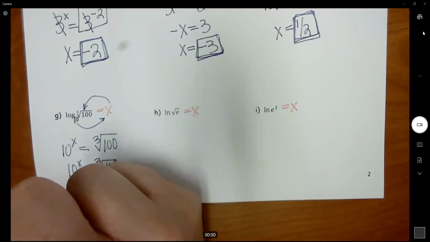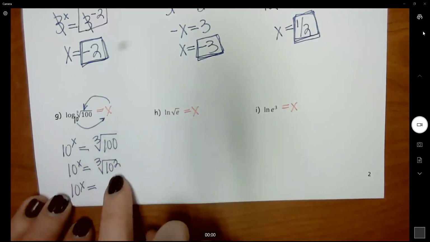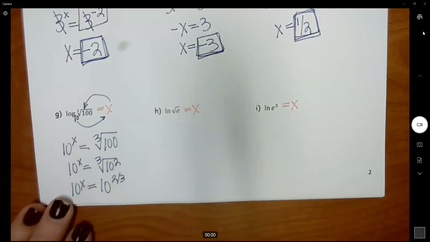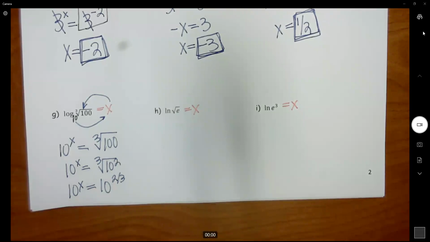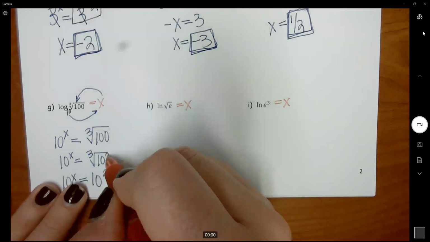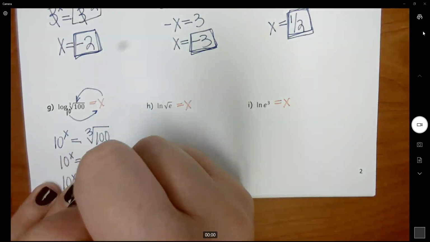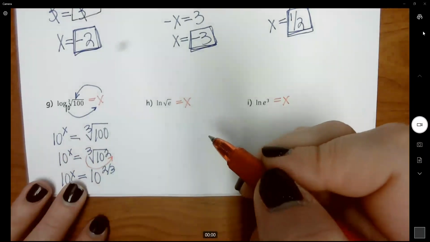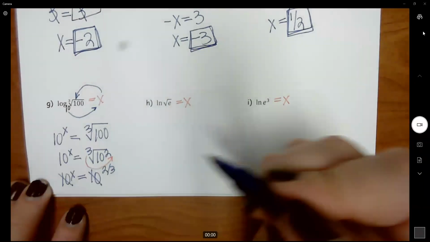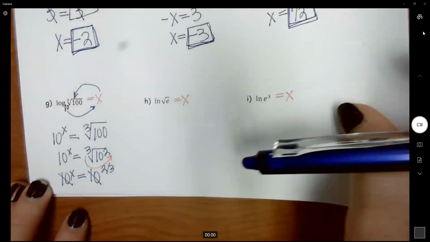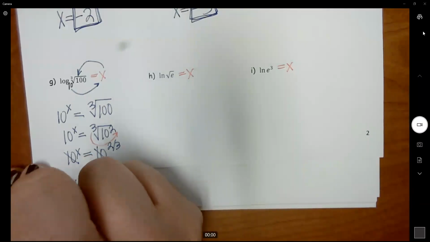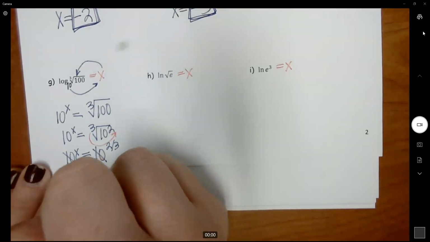So therefore, I can rewrite this here as 10 to the 2/3 power. Same concept as this. Whatever is the exponent is your numerator, and the index comes around and becomes your denominator. My bases cancel, and so x equals 2/3.